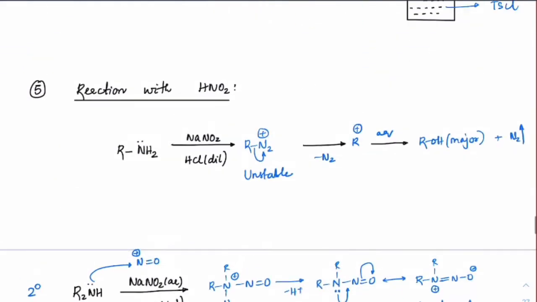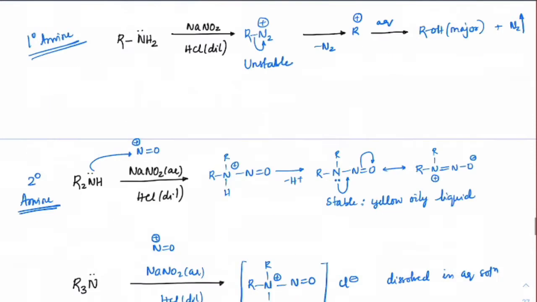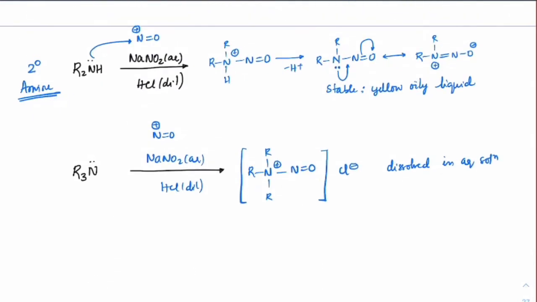So first, if we check 1 degree amine, it is confirmed that a gas is released and we can see alcohols are formed eventually. Here in second degree amine, a thick yellow oily substance will come, which suggests that it is a secondary amine. In case of third degree amine, we will only see a soluble salt form here.